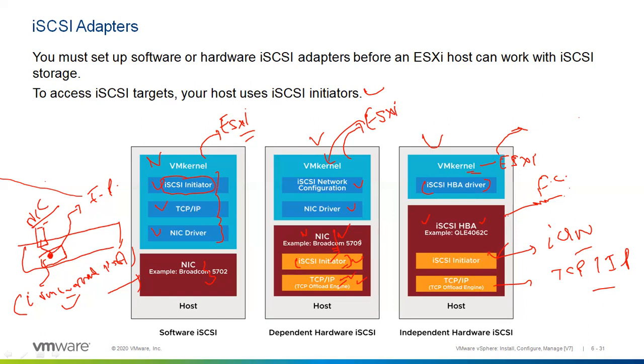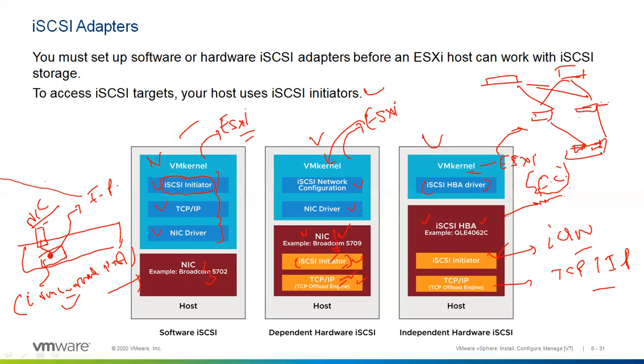If you have a good budget and you want good performance, then in the iSCSI case, you bring an HBA and make a separate topology for it. When I say separate topology, it means there would be separate switches used for storage purposes. And this is my iSCSI storage. But in case, sir, I don't have too much budget and I want to leverage my existing setup, just use your simple network switches.